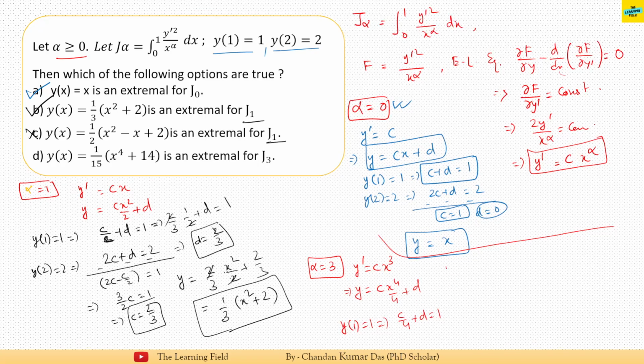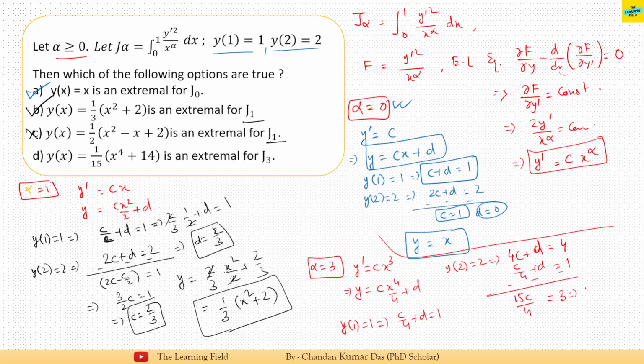And y2 equal to 2 gives, 2 to the 4 is 16, so 16 by 4, 4c plus d, this is equal to 4. And c by 4 plus d equal to 1. If we subtract these two, then we get 4c minus c by 4, 15c by 4, this is equal to 3.